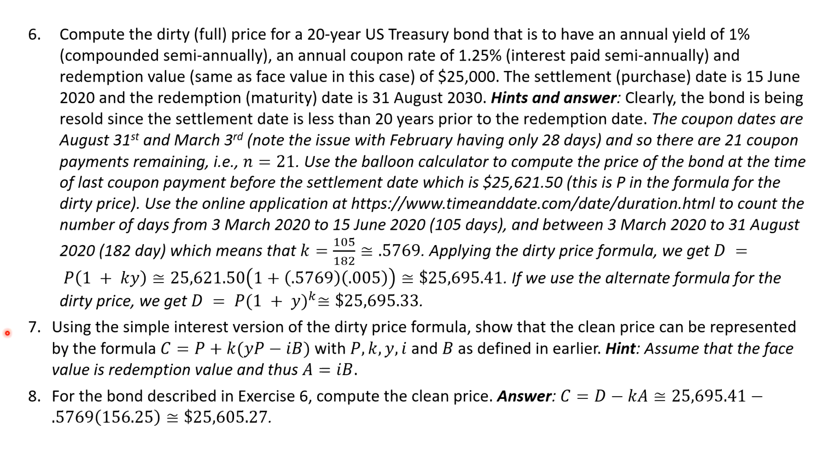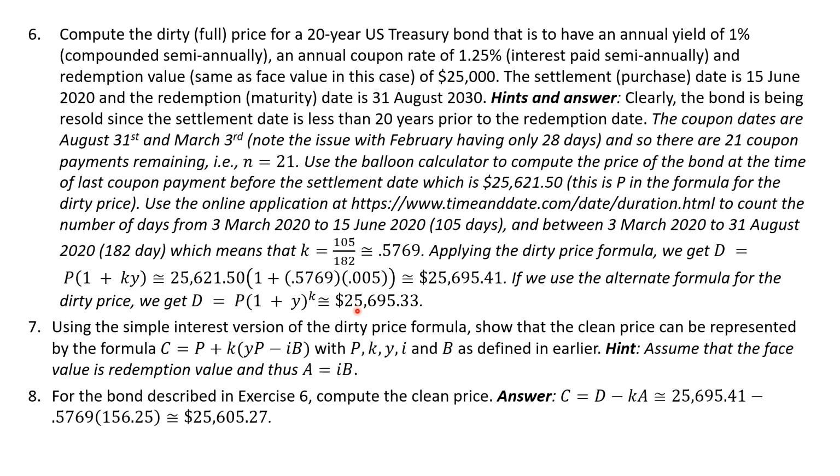Then exercise number 7, use the simple interest version of the dirty price formula. Show that the clean price can be represented with this formula here, where P, K, Y, I, and B are, as we've been talking about before. It's the price at the time of the last coupon.